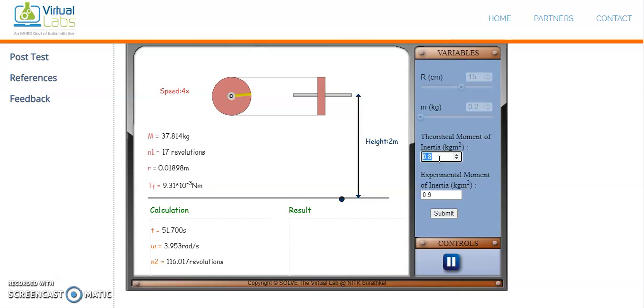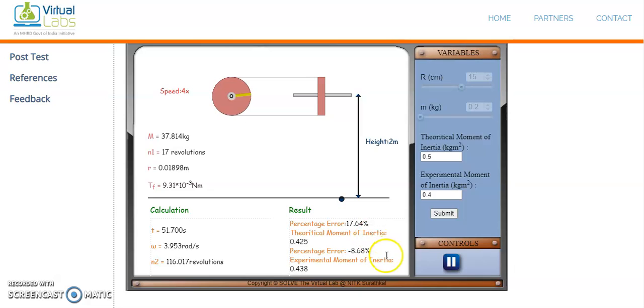So it might be 0.4 or 0.5 for both cases. Let me take 0.4 here. Submitting it, we will get a result: both actual values are 0.42 and 0.43, so the percentage of error is 17 and 8%. So this is how we have to calculate the change in percentage of the errors.